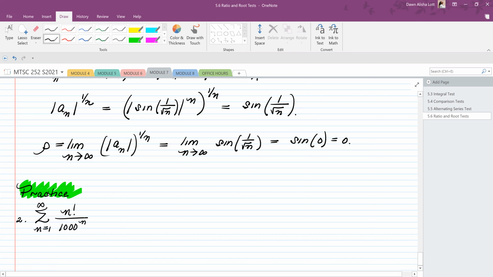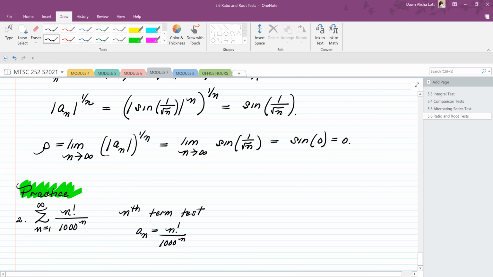Okay. All right, so this one, again, as I said to you before, factorials are always wonderful for the ratio test. Now, if I wanted to try to just use the nth term test of divergence, okay, so a n is n factorial over 1,000 to the n.